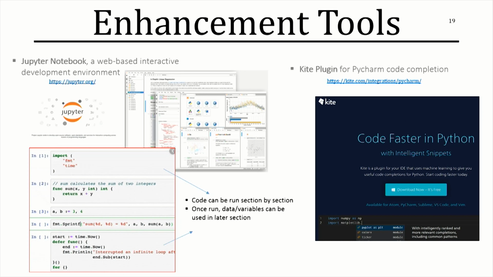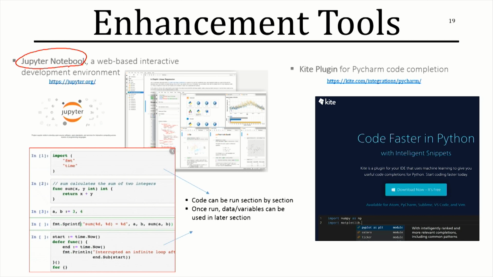In addition to the techniques here, I would like to introduce some enhancement tools which are used in classification as well as machine learning. The first one is called Jupyter Notebooks. It is a web-based interactive development environment. It's like an IDE, but it runs on the web. It gives you easy access to your code.